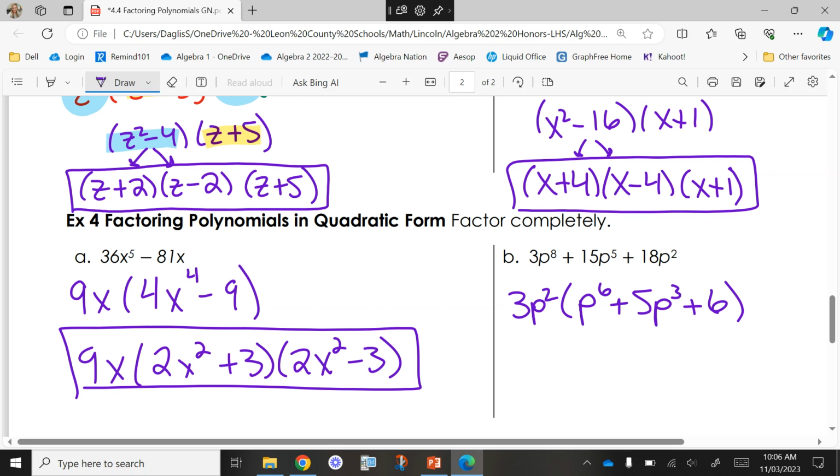Yeah. So we know there's going to be a 2 and a 3, right? But what's happening up front? I have a P to the power of 6. How could I split that in half? P3. Okay. If you were to actually multiply this out, you would have P3 times P3, which is what gives you the P6.